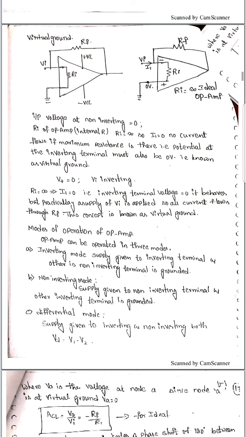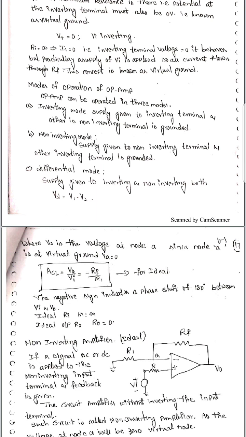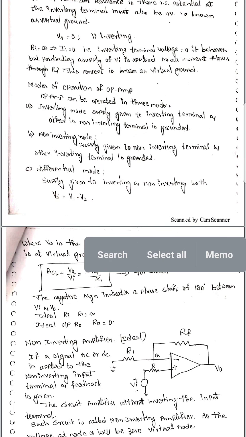V plus is equal to 0, Ri is equal to infinity, so I1 is equal to 0. The inverting terminal voltage becomes 0, and all current flows through RF. This concept is known as the virtual ground.